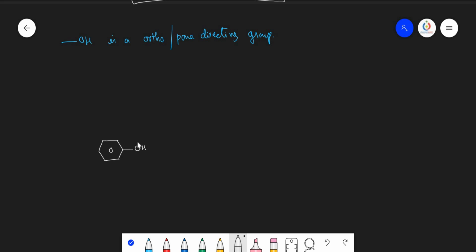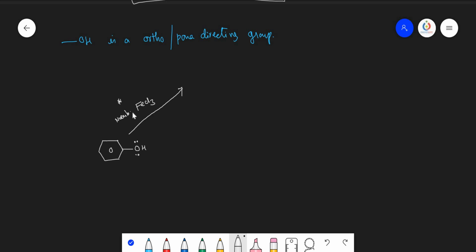This is the phenol having lone pair of electrons in it, and now subject this phenol with the FeCl3, which is one of the important tests. This is called the alcoholic FeCl3. Some people call it the neutral FeCl3.